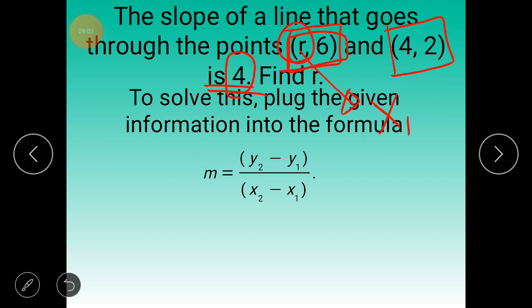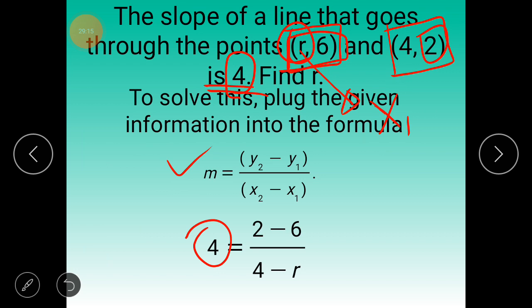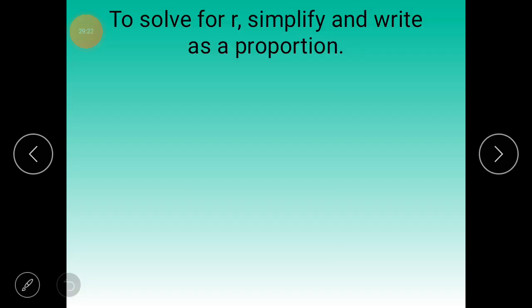So first is to write the equation. Next is to substitute the given. Slope is 4. Y sub 2 is 2. Y sub 1, 6. X sub 2, 4. X sub 1, r.